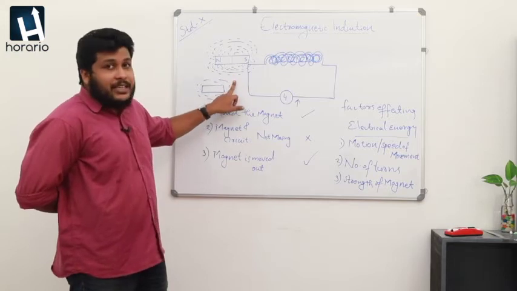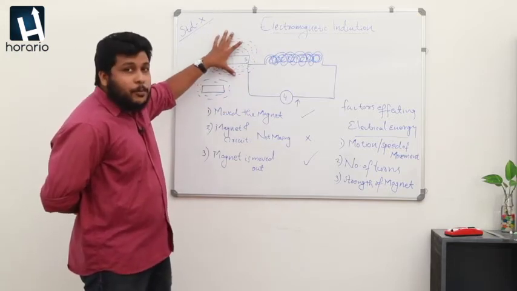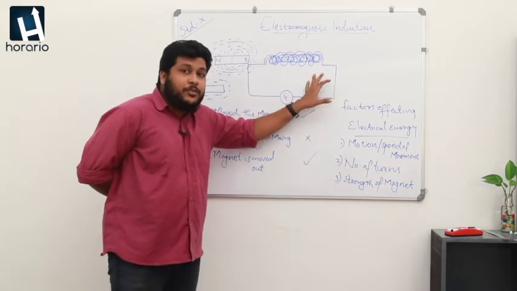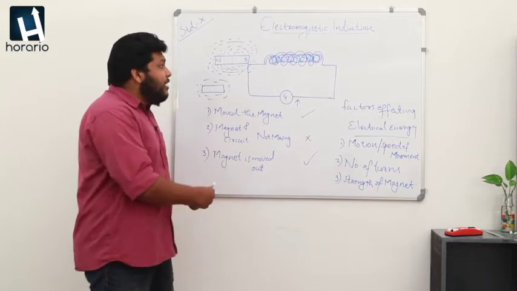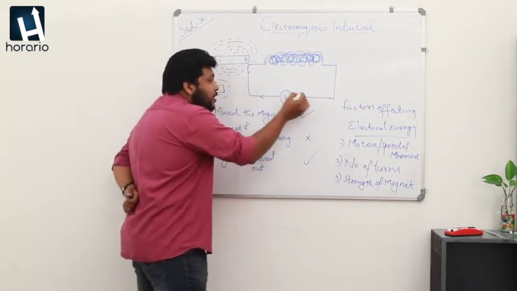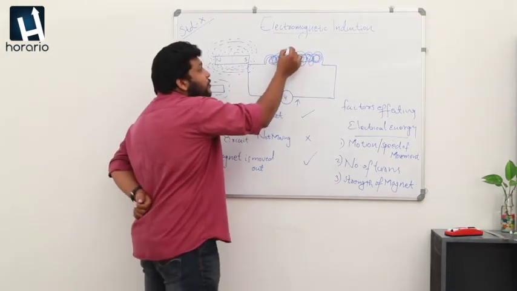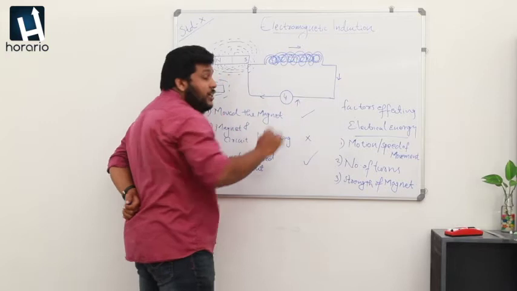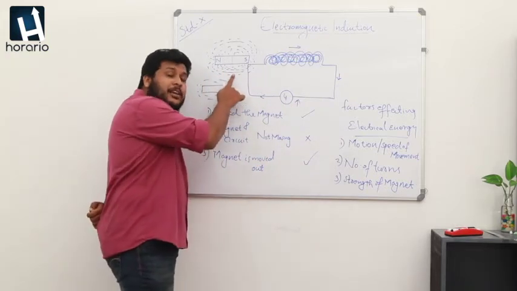So here we see that magnetism, or the magnetic property, influenced the production of electrical energy. We can say that the electricity flowing through the circuit is formed due to the induction of this magnet.